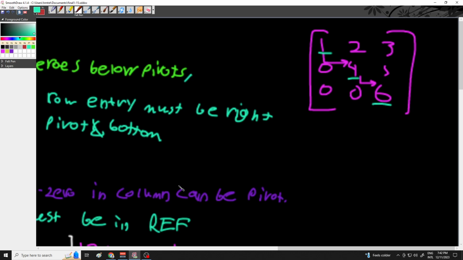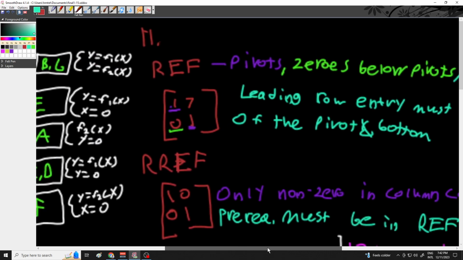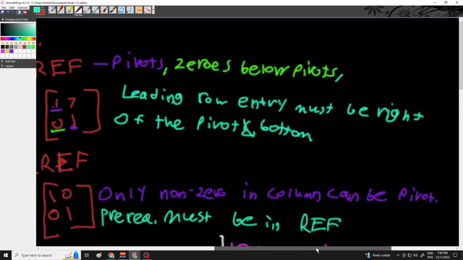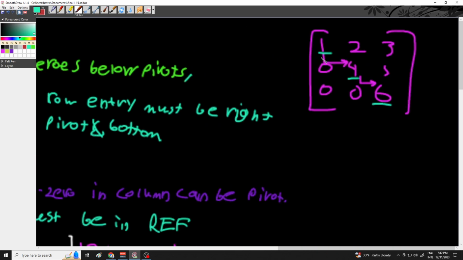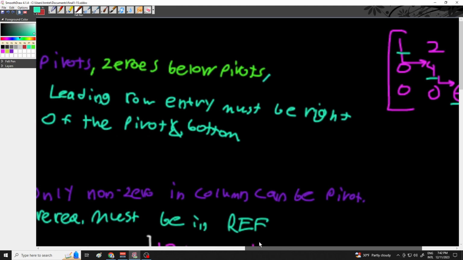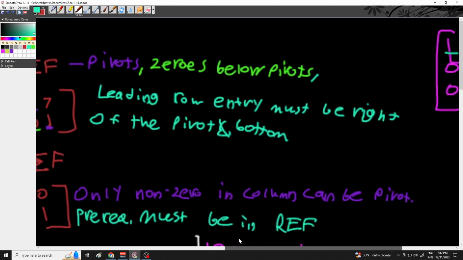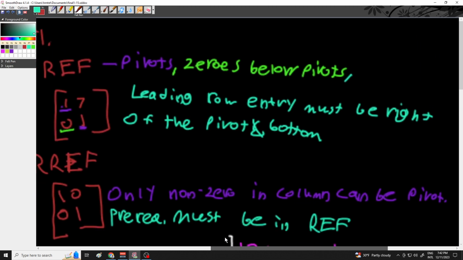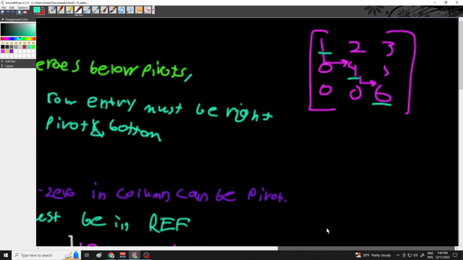And then there's 2 other prerequisites to it. There need to be zeros below all these pivots. So in the first one, there's 2 zeros. Fourth one, there's 2 zeros, or there's a 1 0. And then there's obviously no zeros below that. So that's what makes it reduced row echelon formation. And then the leading row entry just needs to be right.